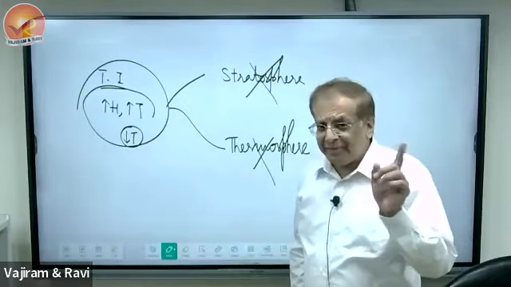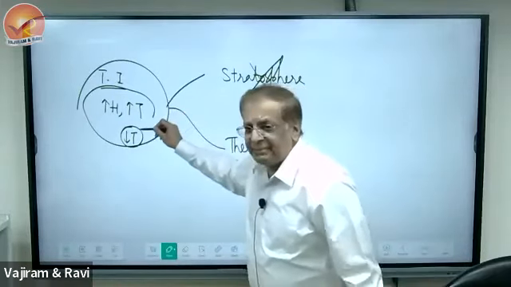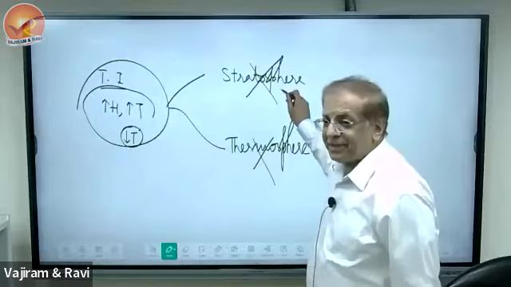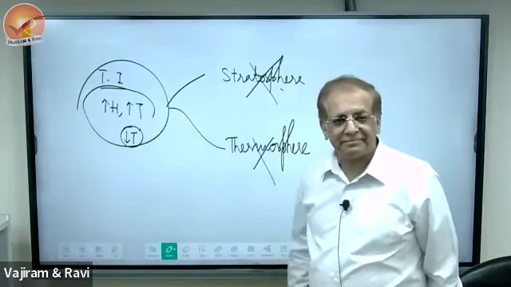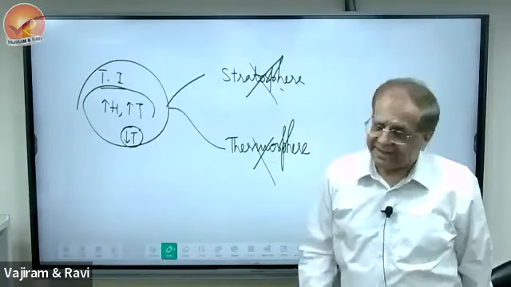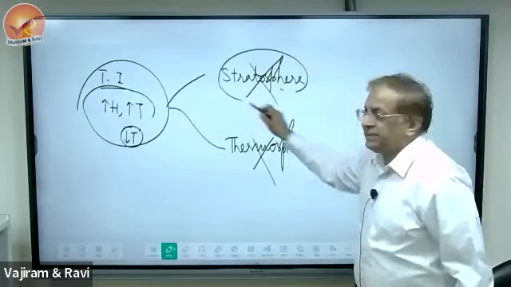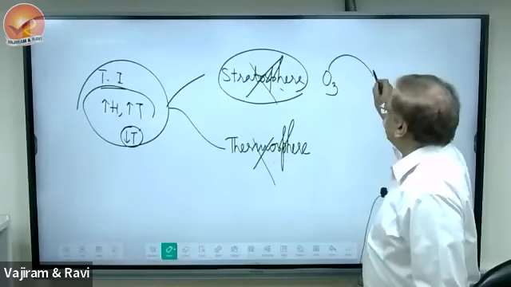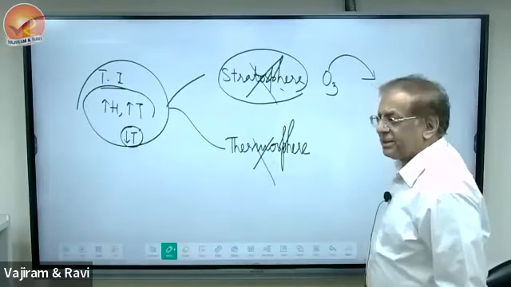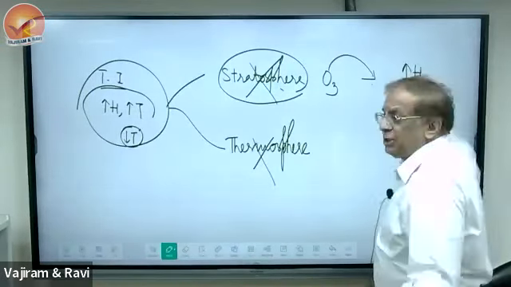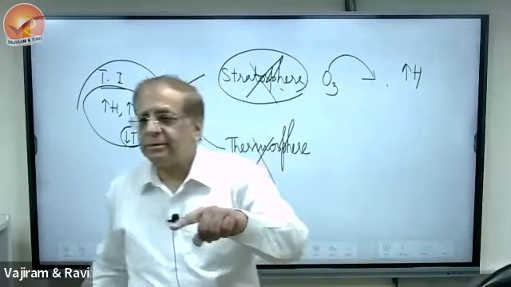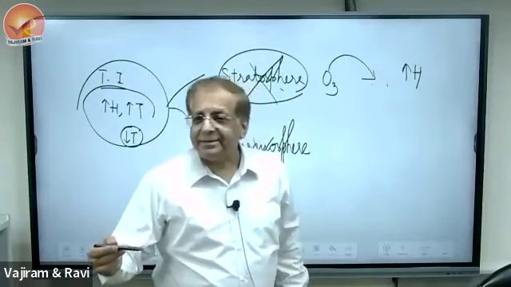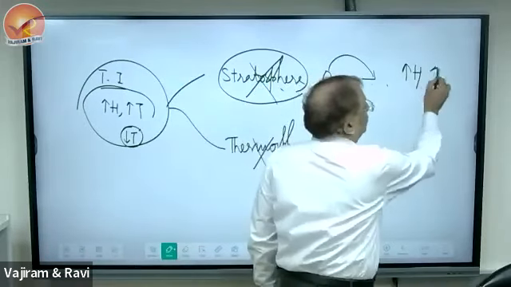I do not mean temperature inversion in relation to stratosphere or thermosphere. Now you will say, sir, why? Let's see. In stratosphere, we have ozone. Ozone absorbs certain ultraviolet radiations. So with increase in height, what do you expect, increase or decrease? You expect increase of temperature.